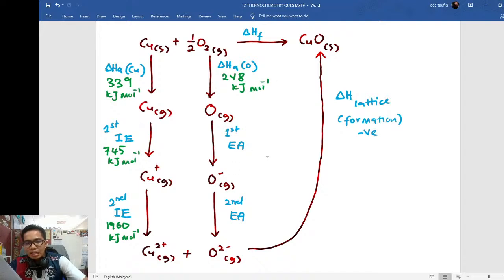First electron affinity, negative 141 kilojoule per mole. Second EA, positive 791 kilojoule per mole. Second sector, enthalpy of formation is this one, negative 155 kilojoule per mole.